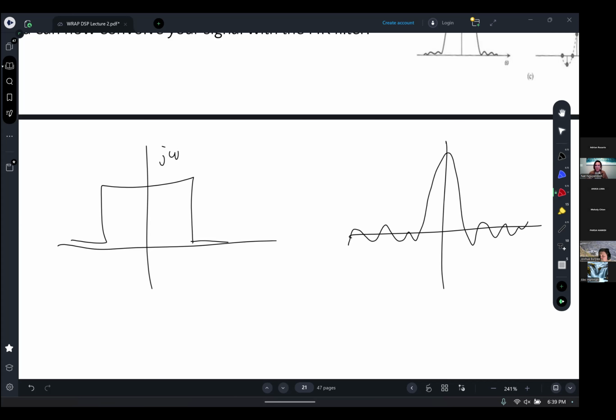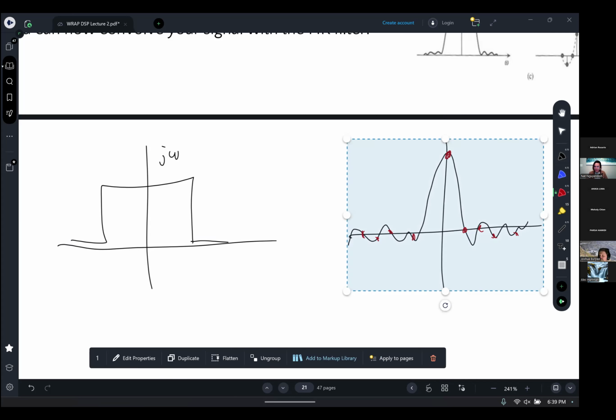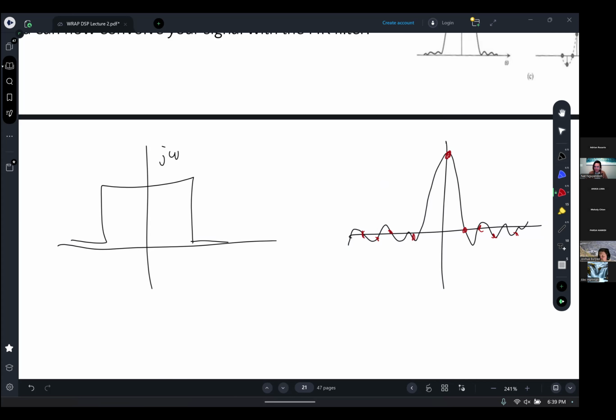So the first thing we do is we sample it. I sample it here, here, here. Then we have our samples for the impulse response, but we can't store an infinite amount of them. So we cut it off at some point, and that's what our windowing function does. It cuts it off here, cuts it off here.